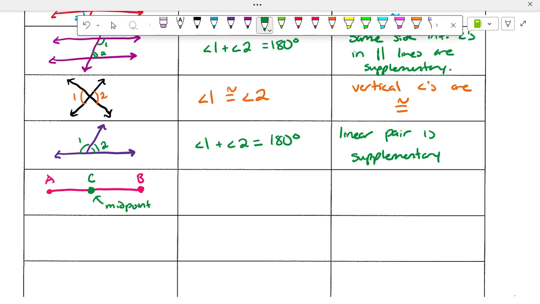It's in the middle, which means what? It's half of each. So can I not say that AC is congruent to CB? I can say that. And the reason you can say that is because that is literally the definition of midpoint. It cuts a segment in half, or it's halfway down a segment to where it creates equal distance on both sides of it.